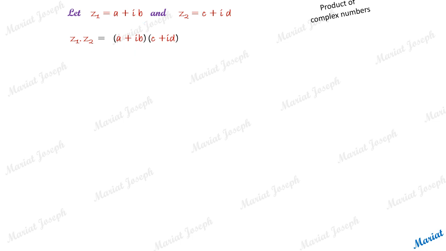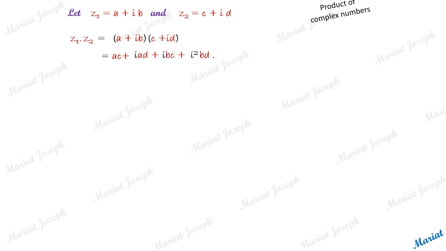So we have ac + a into id, then i into bc + i into ib into id. So in the last term, there is something special. ac + i into ad, simple distributive property.